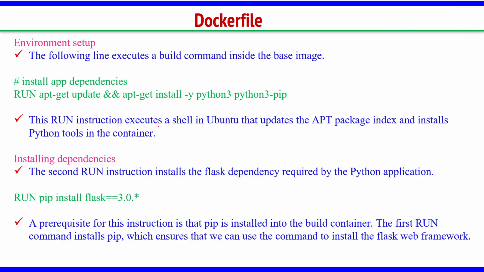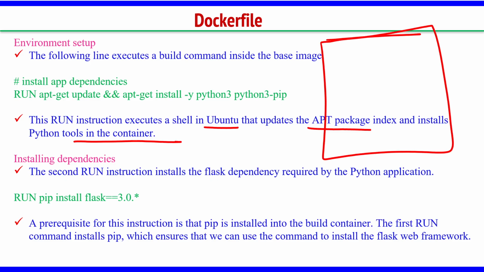The RUN instruction executes a shell in Ubuntu that updates the apt package index and installs Python tools in the container. You get my point, because a container is an independent process. We already studied that containers are independent, isolated processes which run in their own environments. A container is independent of the operating system and independent of any software.